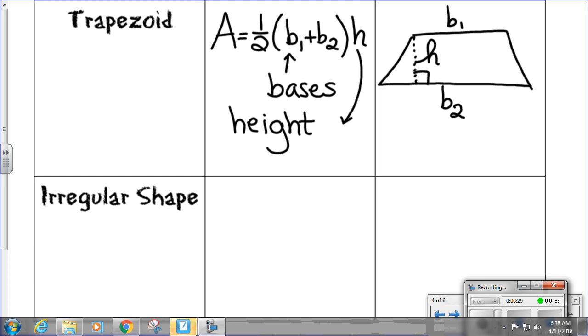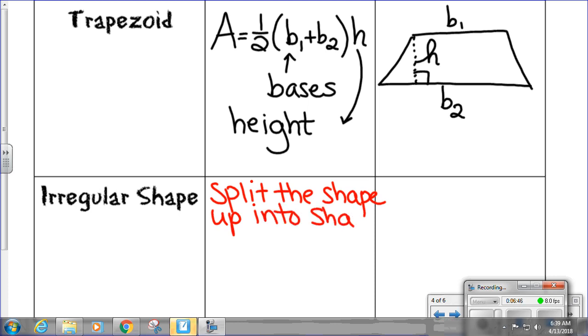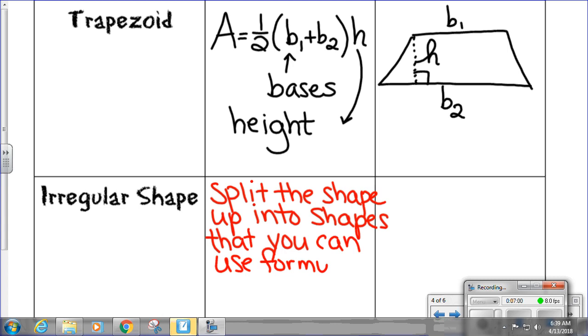Irregular shapes. You will split the shape up into shapes that you can use formulas. So all the formulas I've been giving you, those are what you want to try to break your shape up into.